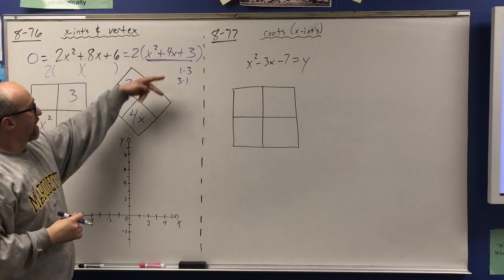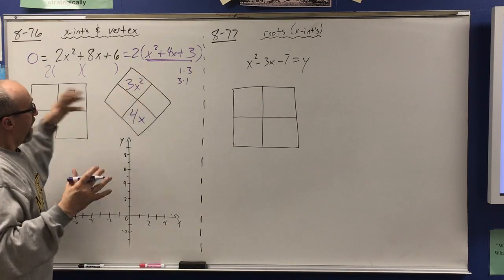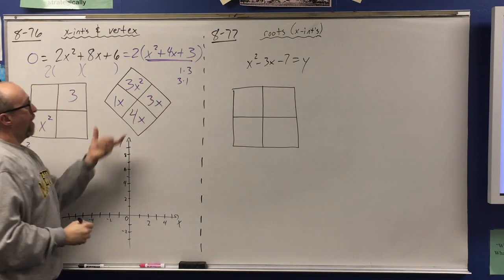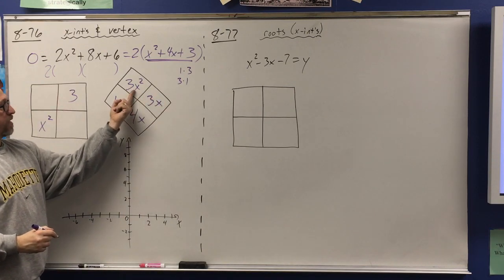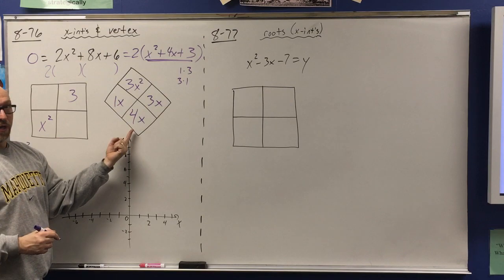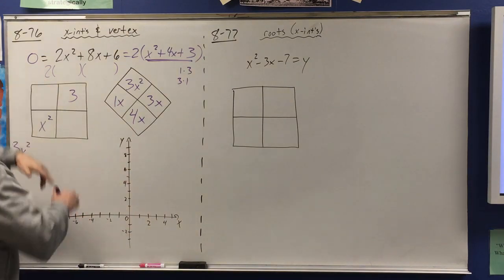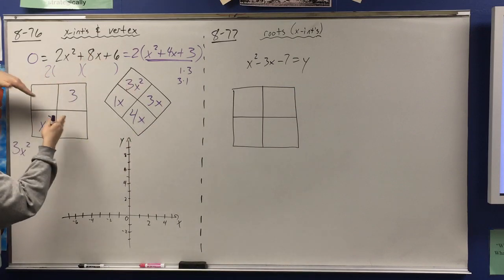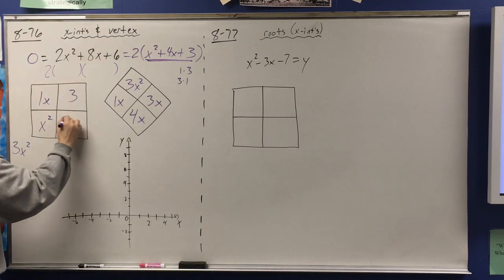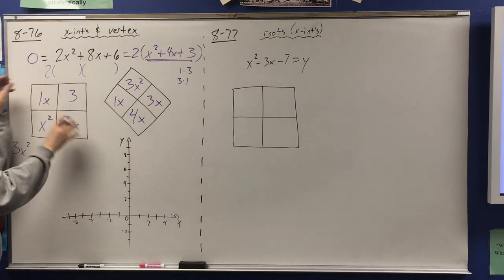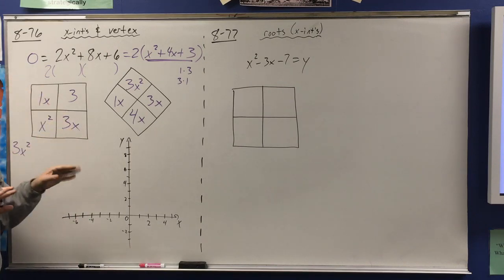Those are the only ways I can multiply to get a 3. And as it turns out, 1x and 3x multiply to give me 3x squared and add up to give me 4x. I got the right pair of things. I'm excited. So now I know what has to go in these corners: 1x, 3x. And by the way, I can flip these and this whole factoring thing will still work.